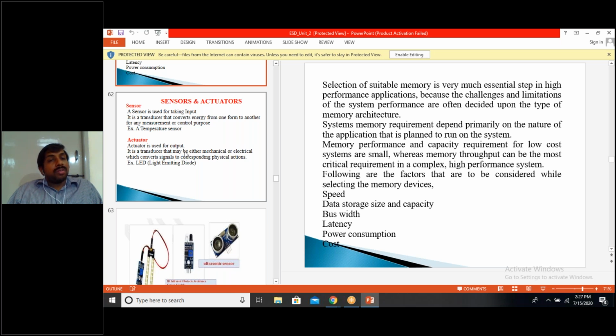An actuator is also a transducer where electrical or mechanical signals are converted to physical actions. Physical action can be, for example, an LED. Based upon the electrical signal generated, it gives the output as an LED.